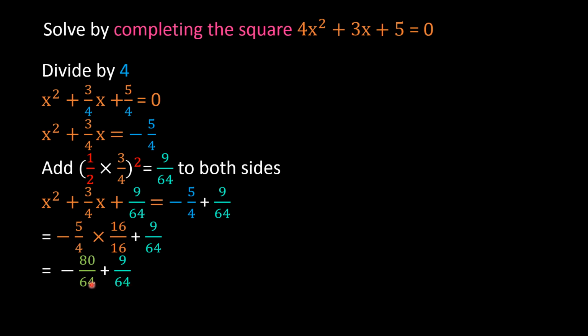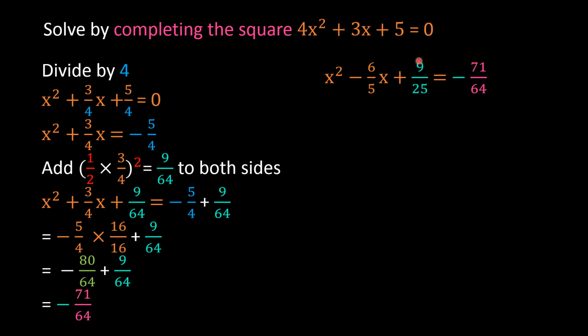Now the denominator is same, so we can directly add the numerator. So minus 80 plus 9 becomes minus 71 divided by 64. So our expression becomes minus 71 divided by 64.